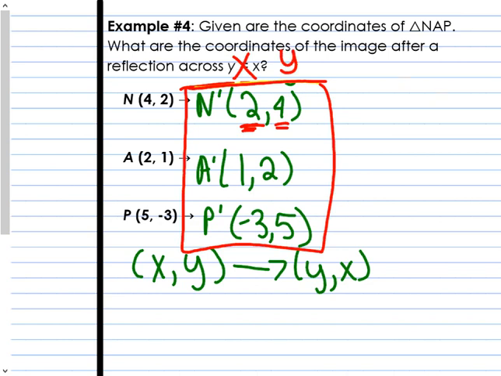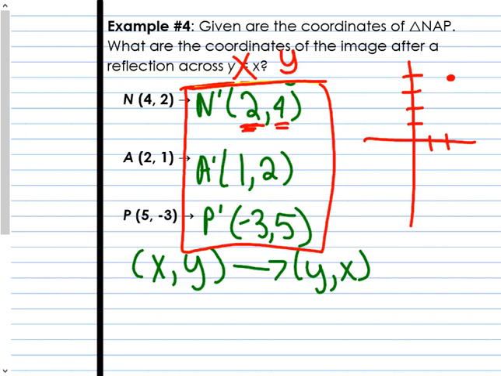So if I'm graphing the point 2, 4, I'm just going to sketch it out for you. 1, 2, 1, 2, 3, 4. This point is still here, 2, 4. I just found what the points were by applying that reflection rule. And the reflection rule says take your original points and switch location. So whatever x was, it's now the y. And whatever y was, it's now the x. Okay, just switching them around.